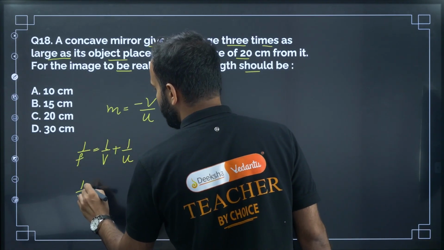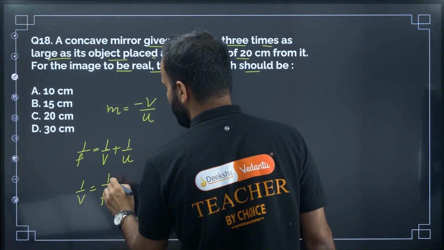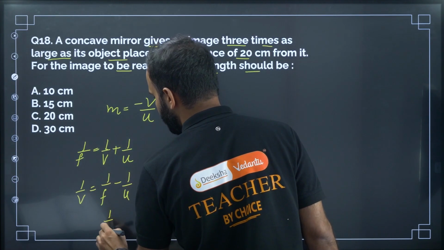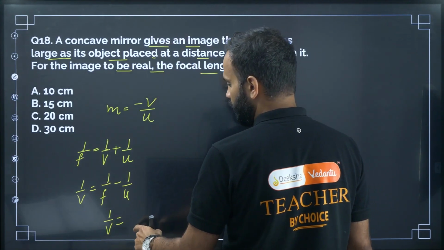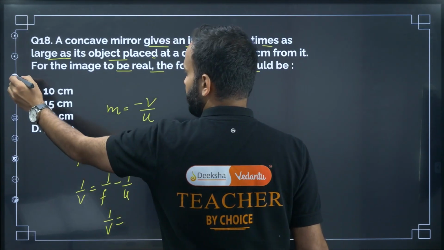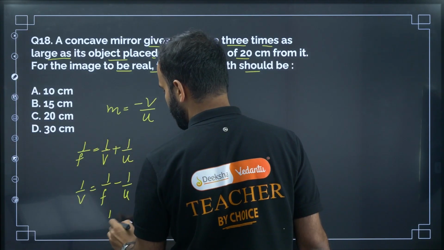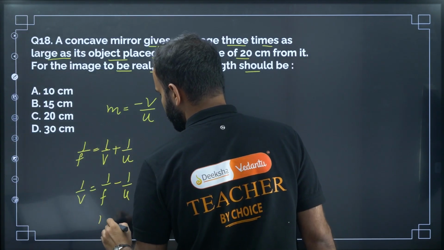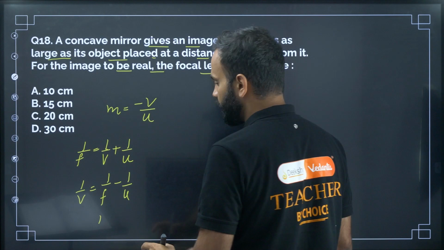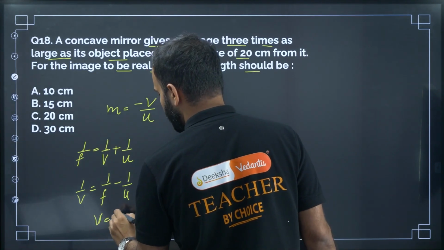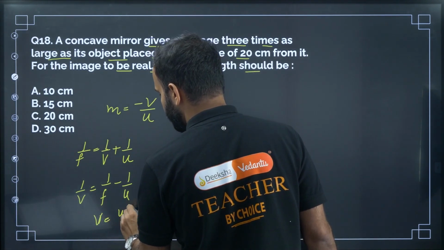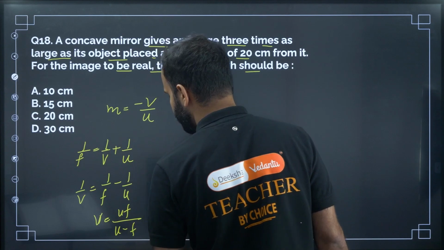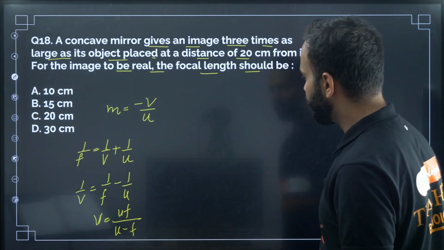So 1 by v is equal to 1 divided by f minus 1 divided by u. So 1 by v is equal to here f minus u divided by uf, that is u minus f divided by uf. So v equal to here u into f divided by u minus f.